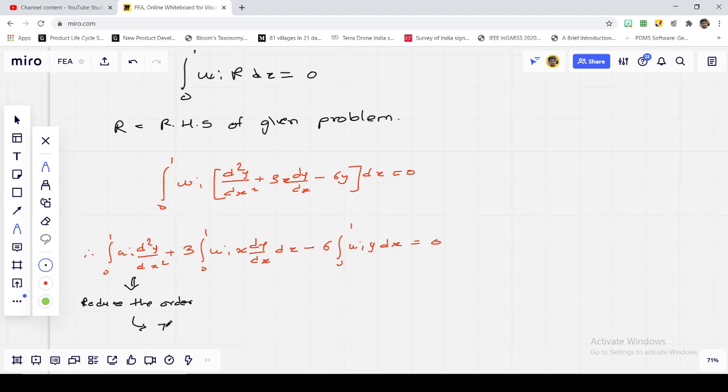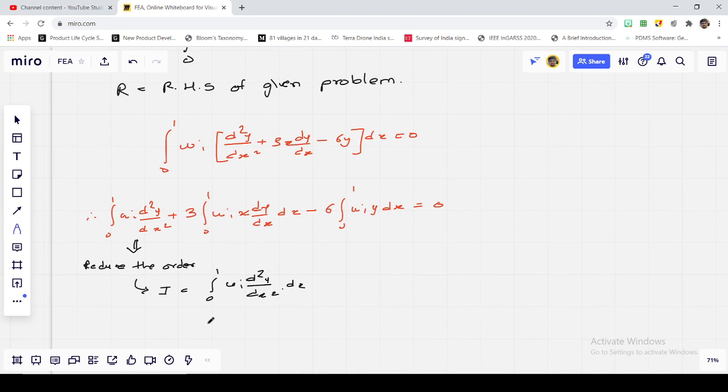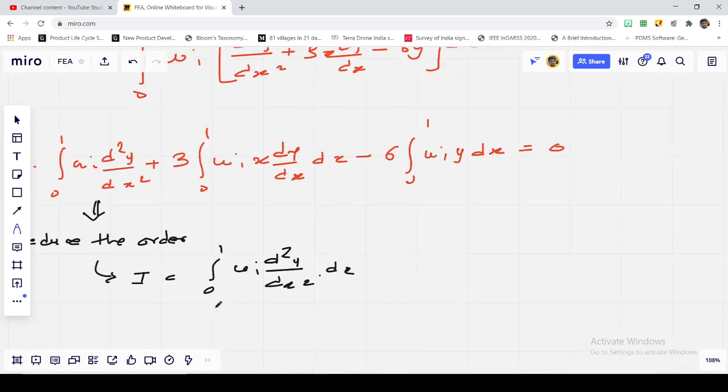So we will assume this to be I, and we will solve this for integral 0 to 1 wi d2y by dx square dx. And to solve this we basically use integration by parts, and that is the u into v rule. So we need to solve this using the u into v rule.